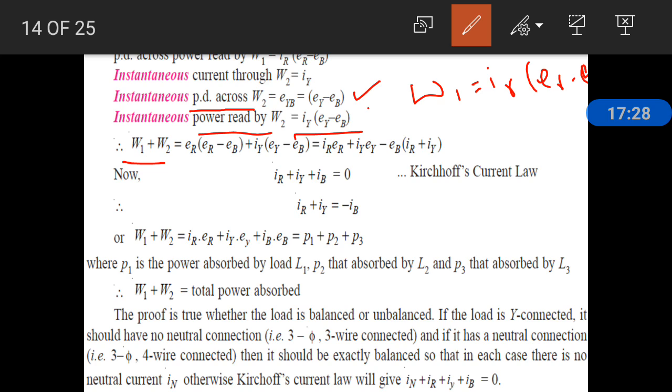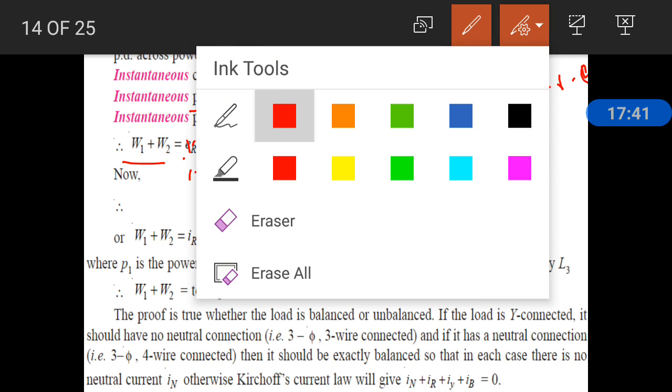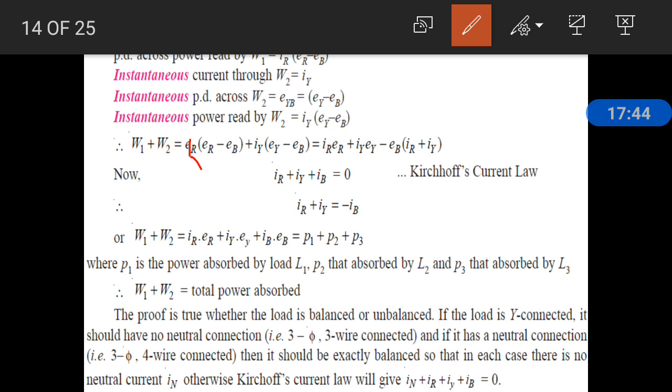So W1 is IR into ER minus EB. This is not ER, that is IR. So IR into ER minus EB plus IY into EY minus EB.